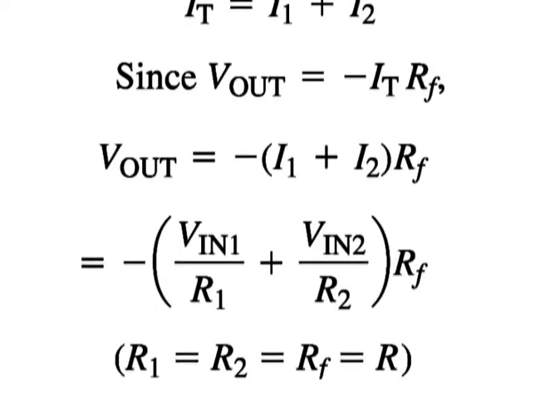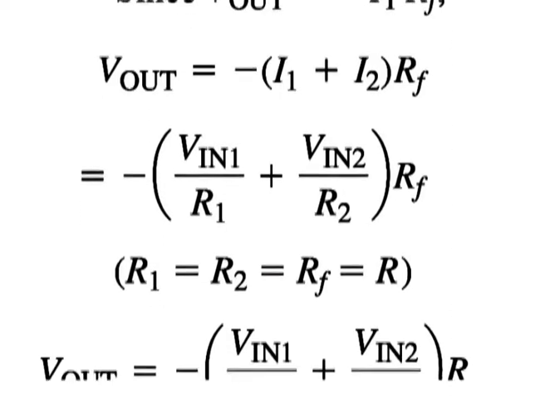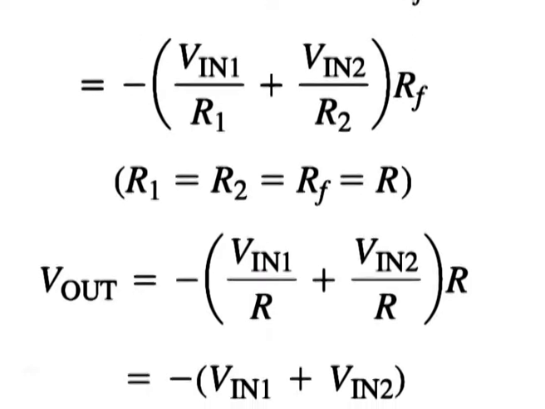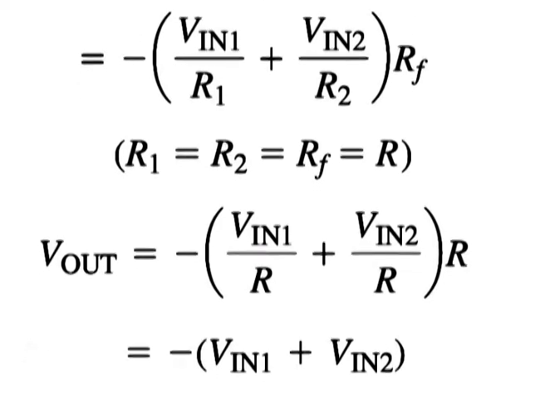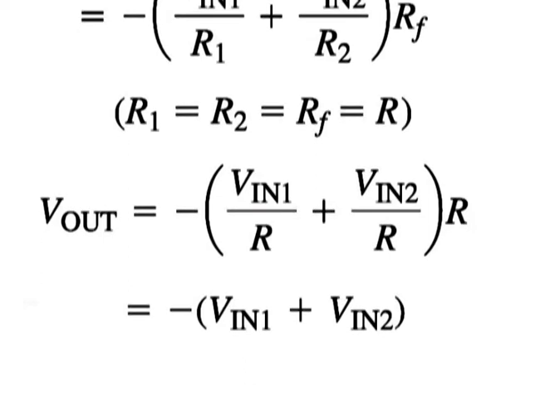If all three of the resistors are equal, that is R 1 is equal to R 2 is equal to R, then V out is equal to minus (V in 1 over R plus V in 2 over R) into R, and this comes out to be minus (V in 1 plus V in 2).